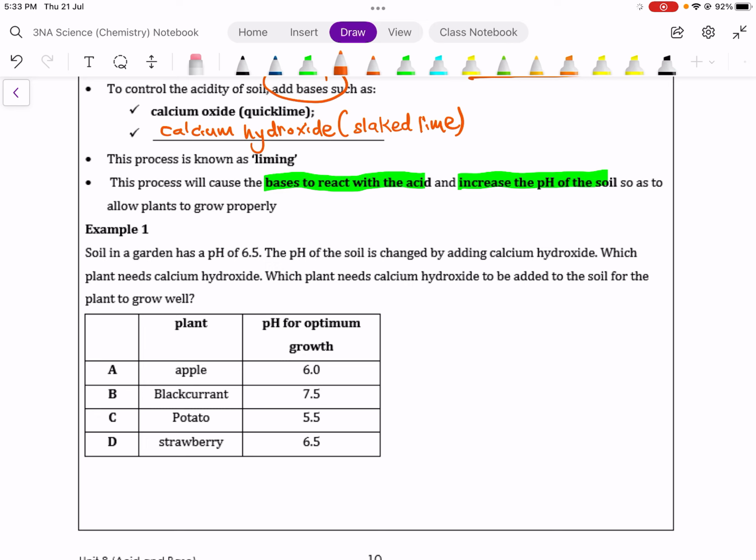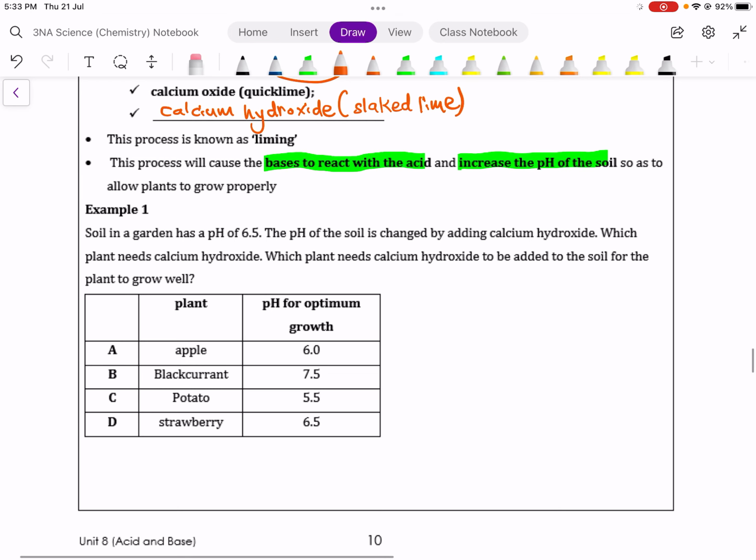The soil in the garden has a pH of 6.5. The pH of the soil is changed by adding calcium hydroxide. Which plant needs calcium hydroxide to be added to the soil for the plant to grow well? The pH is currently 6.5, slightly acidic.